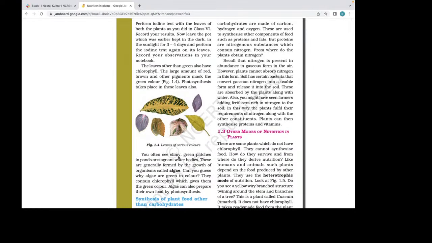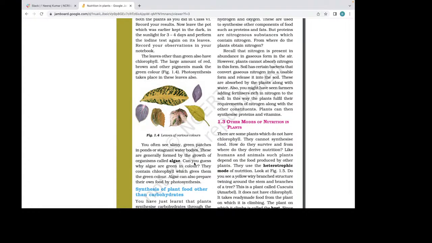You often see slimy green patches in ponds or stagnant water bodies. These are generally formed by the growth of organisms called algae. Can you guess why algae are green in color? They contain chlorophyll, which gives them the green color.